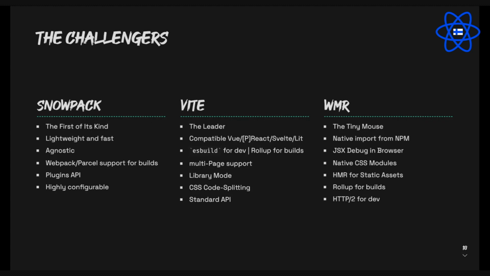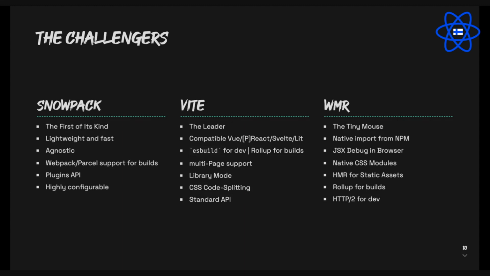For the build part explicitly, it still uses Webpack and Parcel in the back, but for the development process, none of those tools are used directly. There is a plugin API that was created by the team and that is specific to Snowpack. So if you want to use some kind of plugins, you have to redevelop them. This is probably not the best way to do that, but it is highly configurable.